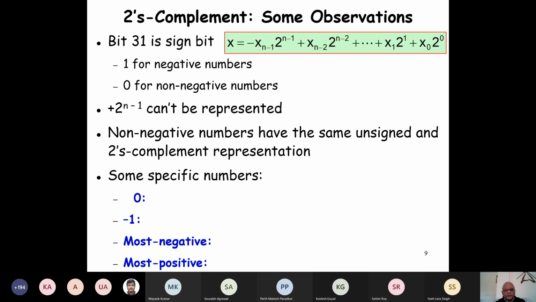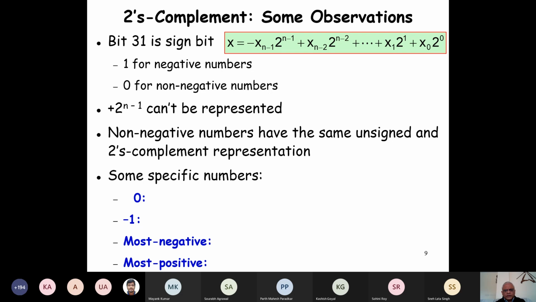If it is 0, it is a positive number. 2 to the power n minus 1 cannot be represented because we are not using the MSB for it. Also, the non-negative numbers, that is 0 and positive numbers, have the same unsigned and 2's complement representation. So all positive numbers and 0 have the same representation for unsigned as well as 2's complement.